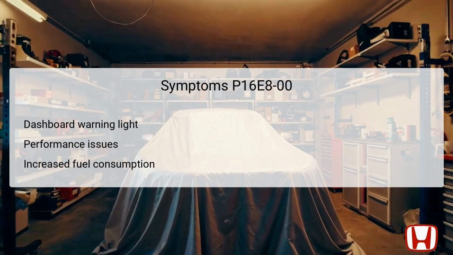Drivers may also experience performance issues, such as sluggish acceleration or unresponsive throttle, due to the communication error interfering with the PCM's ability to optimize engine performance. Furthermore, an increase in fuel consumption can be observed, as improper air intake may cause the engine to work harder than necessary. Drivers should monitor these symptoms, as they indicate the importance of addressing the underlying communication failure promptly.